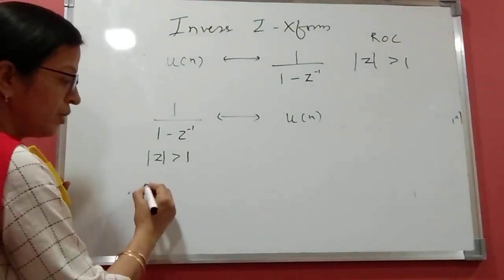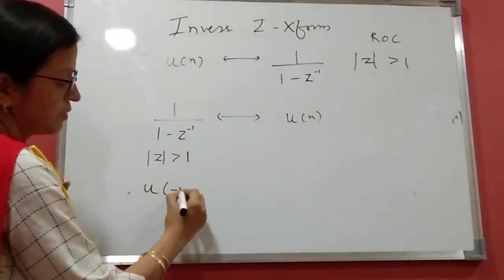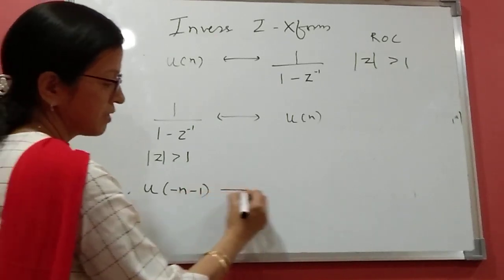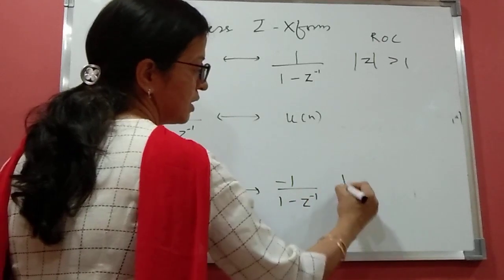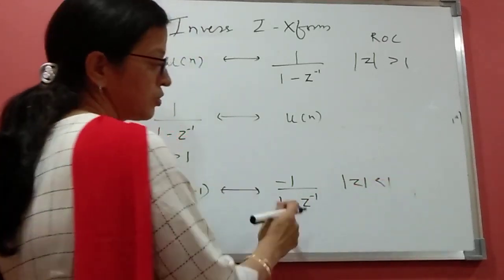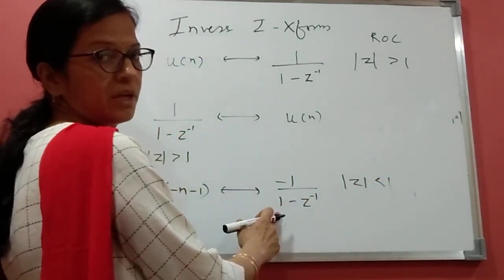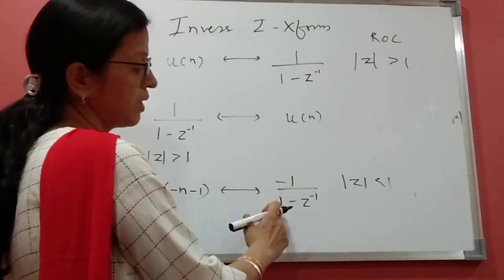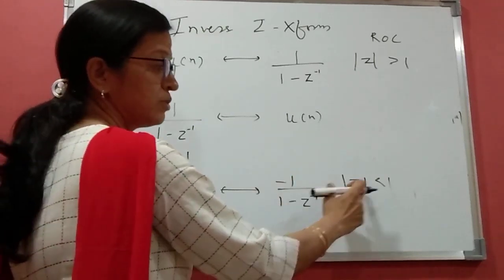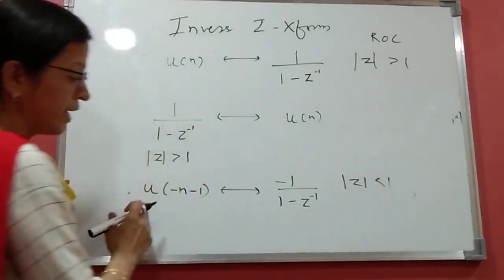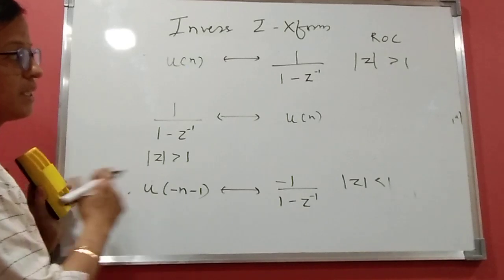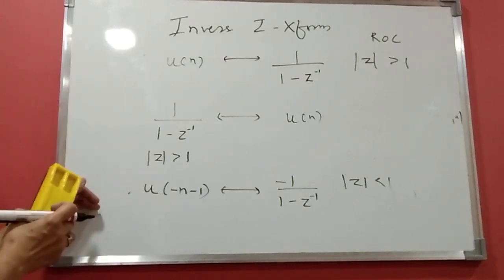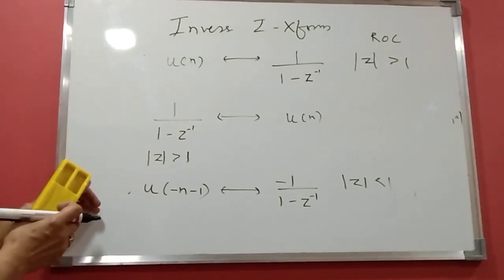Then if I say find the inverse transform, u(minus n minus 1), the Z transform is minus 1 upon 1 minus z inverse, mod z less than 1. So if I ask you to find the inverse Z transform of minus 1 upon 1 minus z inverse with ROC mod z less than 1, you will write u(minus n minus 1). Let us see with this example, with the help of this, how we can find the inverse transform of some of the problems.